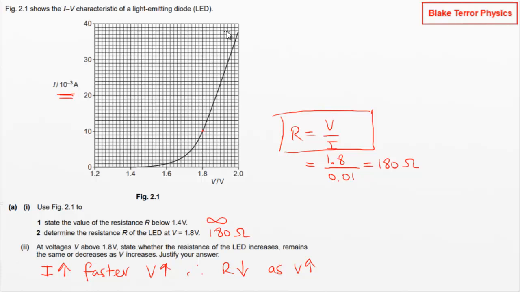And you can see this by doing this calculation again. You could say, well, at 2 volts, we've got about 0.0375, say, for the current going through there. So we're now looking at taking that 100 up there, 200 divided by 3.75. So you're getting somewhere around 60 or something like that.